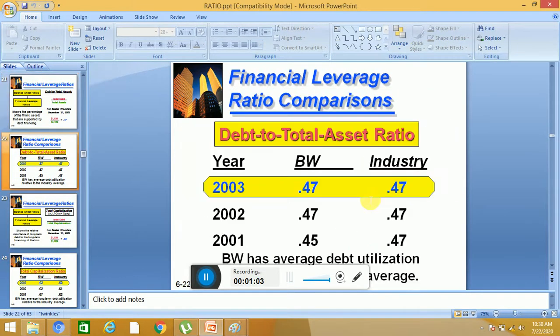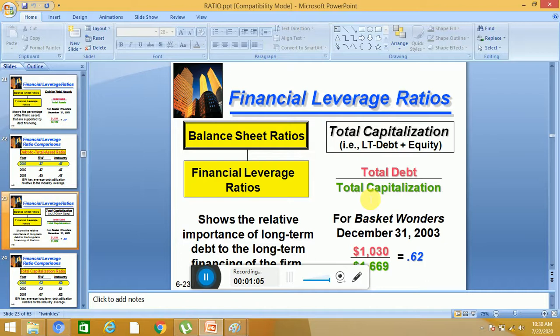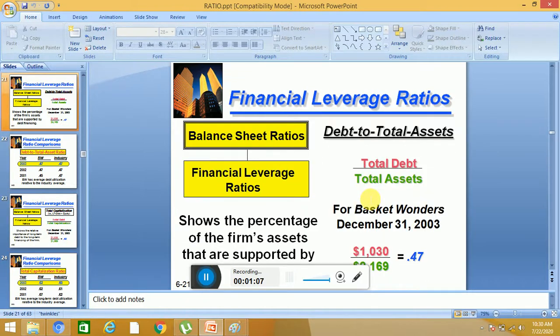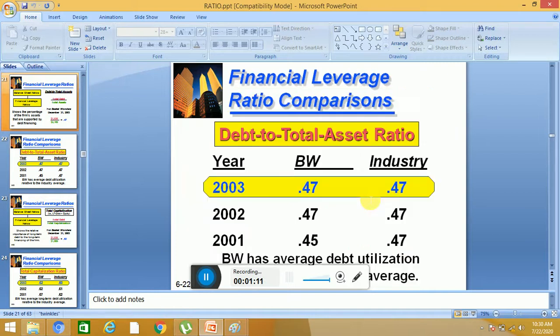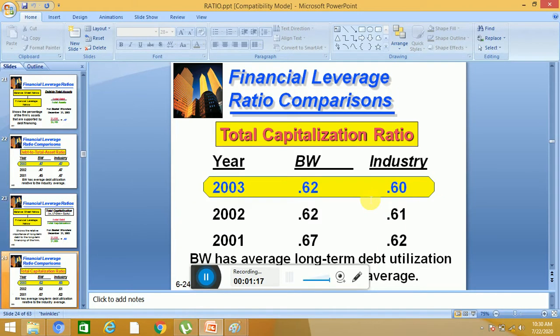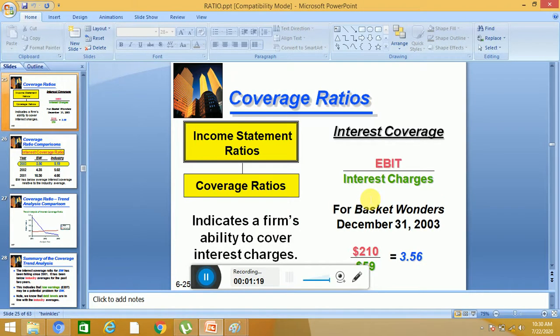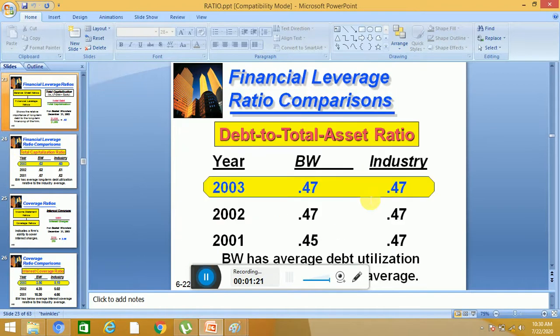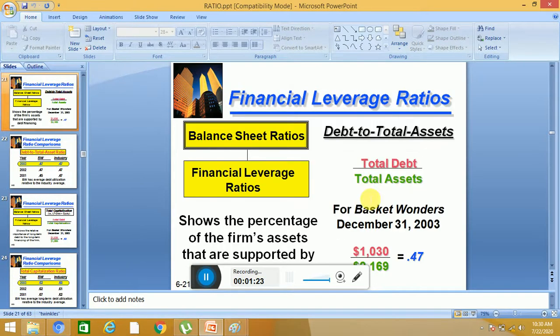Today we are going to study debt to total assets and then total capitalization. These two ratios, inshallah, we will cover in this class.